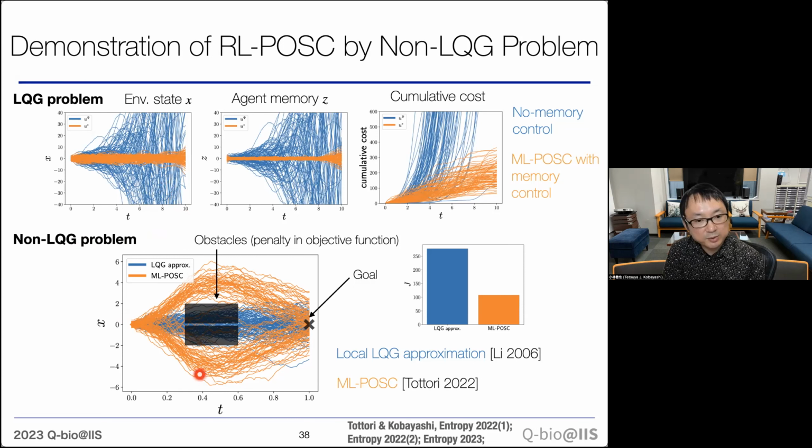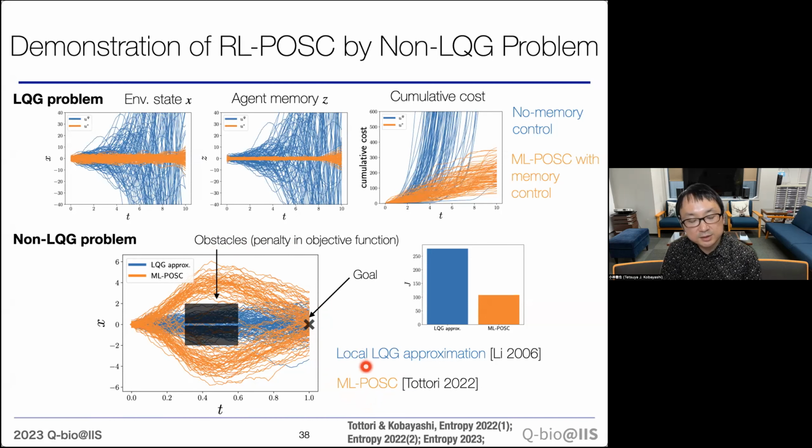In this problem, the agent, starting from this point, should go to this goal, but there are two obstacles here, and in this region the agent has a penalty in the objective function. So this is a non-quadratic, non-LQG problem. Therefore, the optimal control should avoid this obstacle, and by our algorithm we can obtain such a trajectory after control.